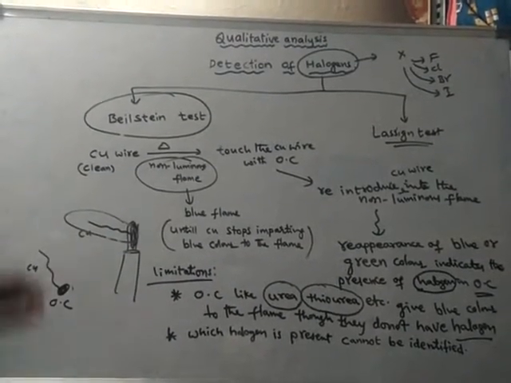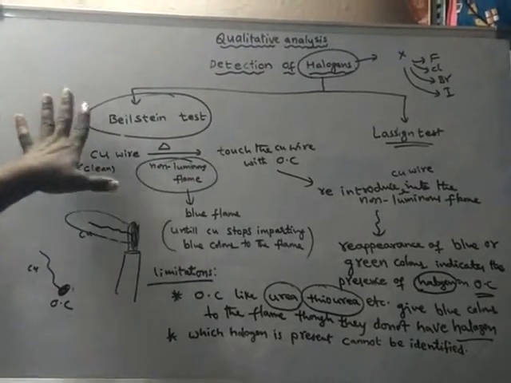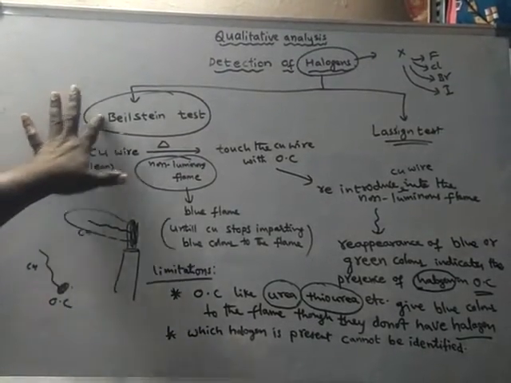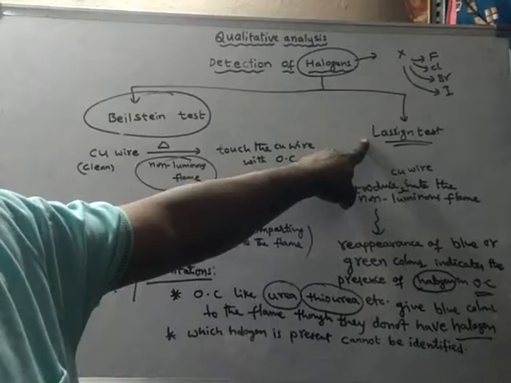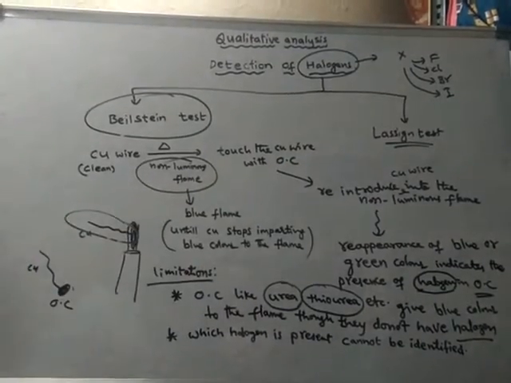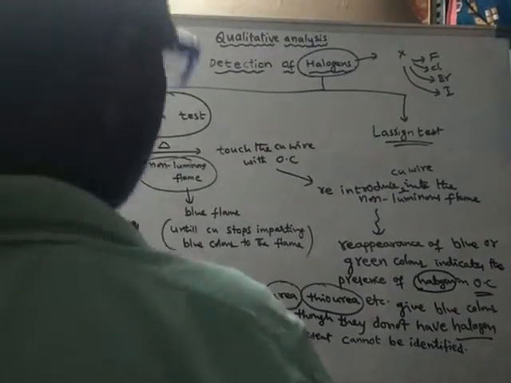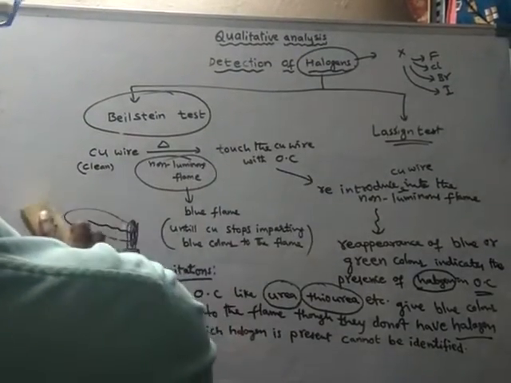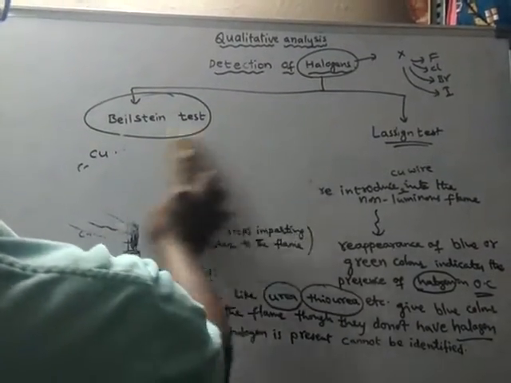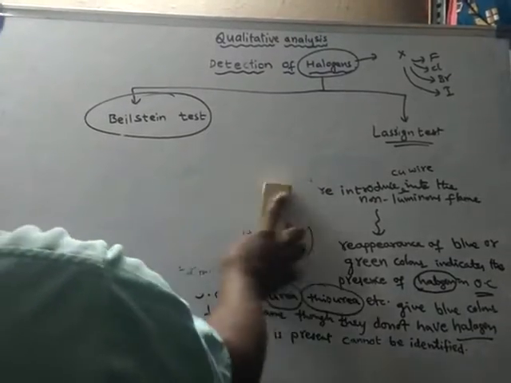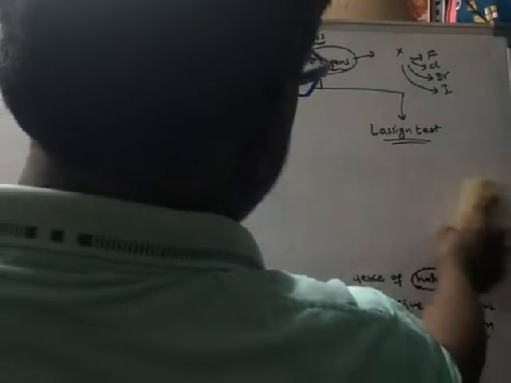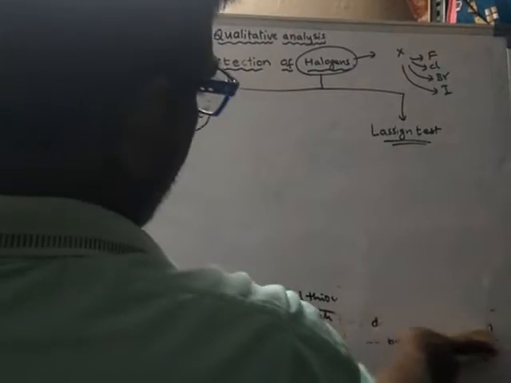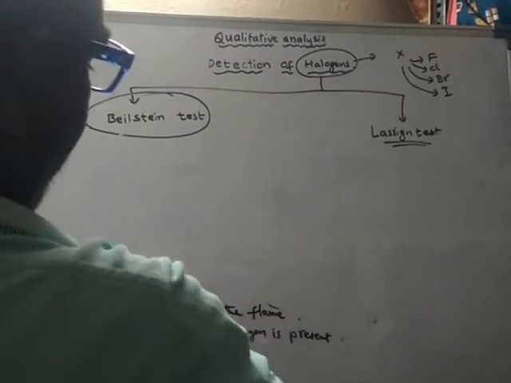Hence, instead of going with the Beilstein test, it is better to go with Lassaigne's test. So now we will learn about Lassaigne's test, how it is conducted to detect a halogen.